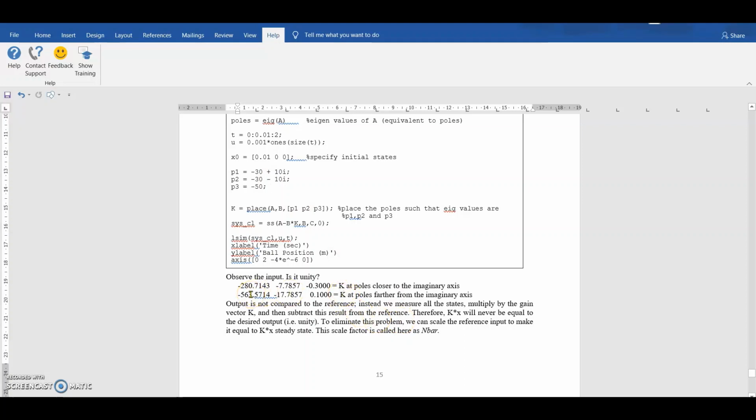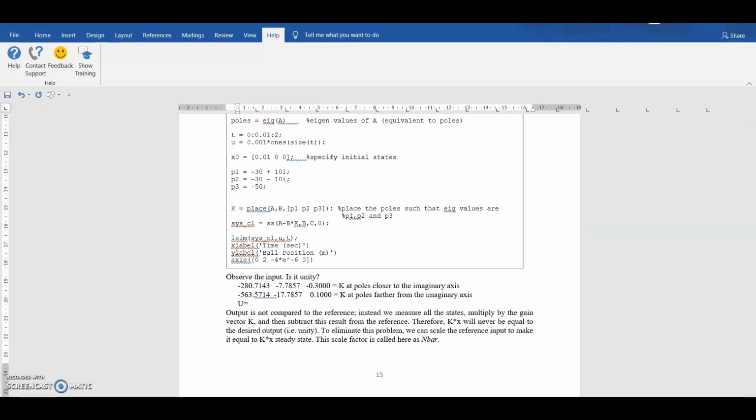So what does it show? It shows that the input u, as you have seen in the theory, which is nothing but minus kx, will be more if we want to place poles farther towards left. Because x is same but k is more for the second case, so input u will be more.